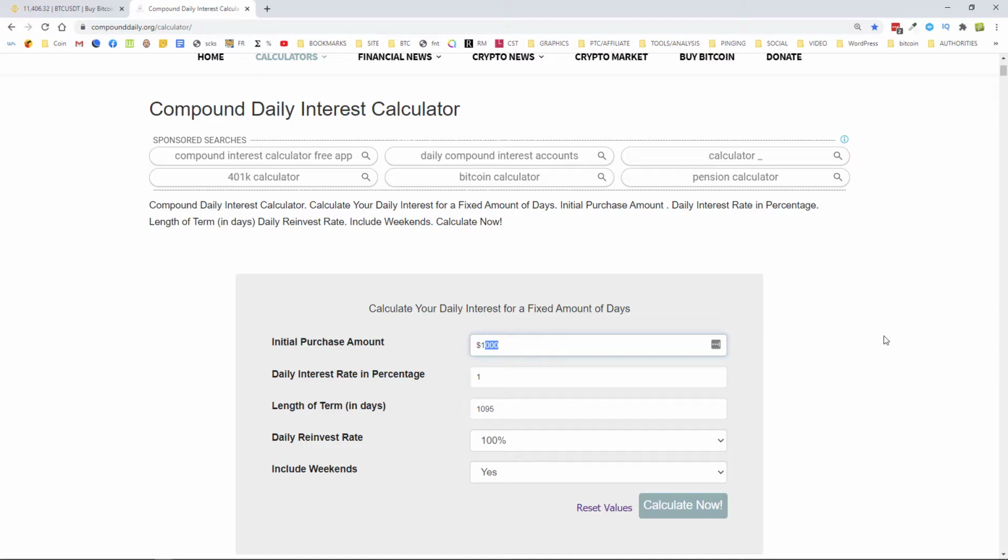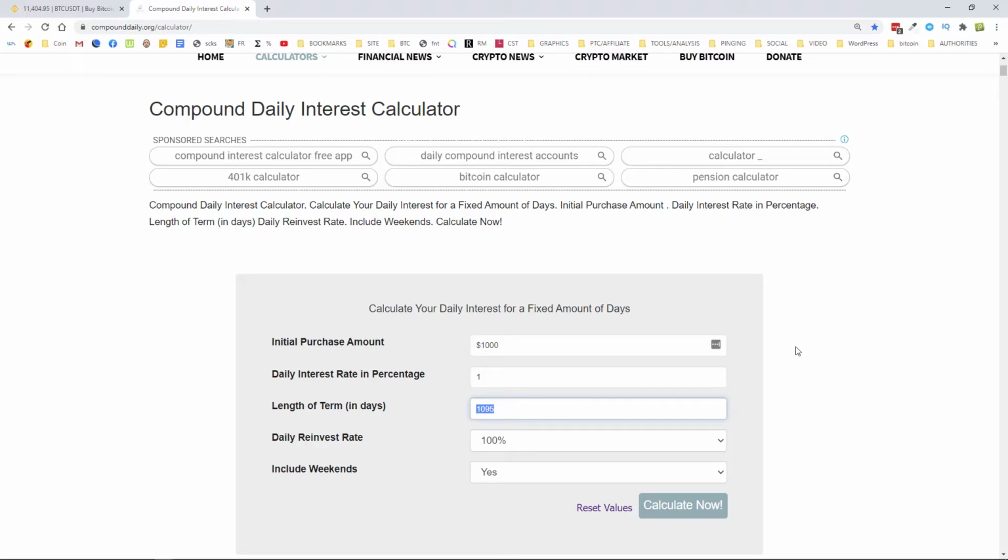Okay, so let's calculate this. Here is our daily interest rate in percentage. There's the 1%. Length of the term in days. I can put a week in there. I could put a month or a year. I put 3 years in because I want to scroll right down and see how much we'll have after 3 years. But I'll also show you how much we will make after a week, after a month, after 3 months and 6 months, and then a year.